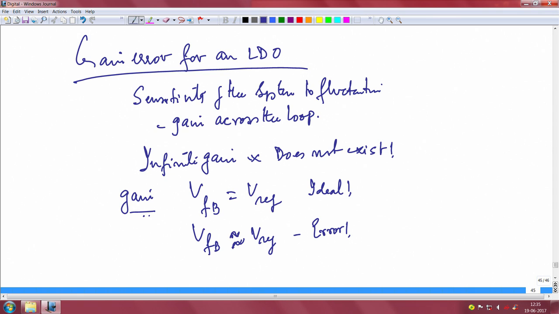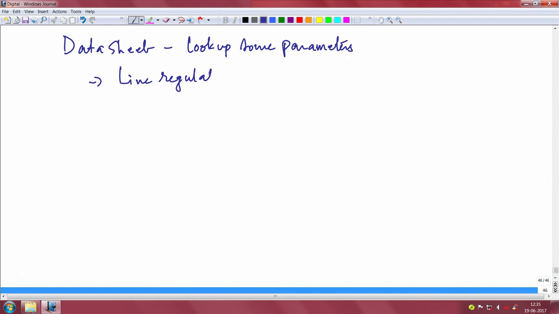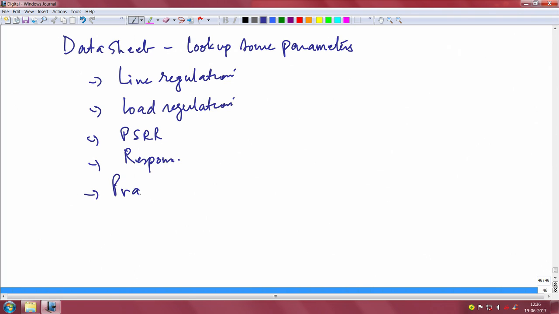So in the next session, when we start further, what we should do is summarize all this, open a data sheet and look up some parameters, and see if we can explain other things as well, things like line regulation, the ability of the LDO towards line regulation, load regulation, and also try and see power supply rejection, ripple rejection, and look at the response, and then look at some practical circuits, how people have used LDOs.